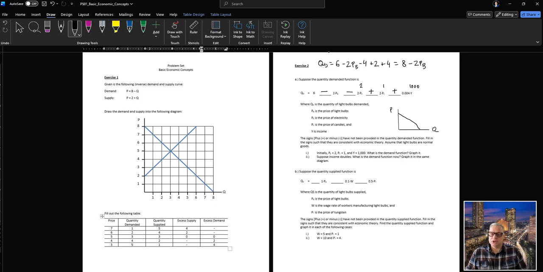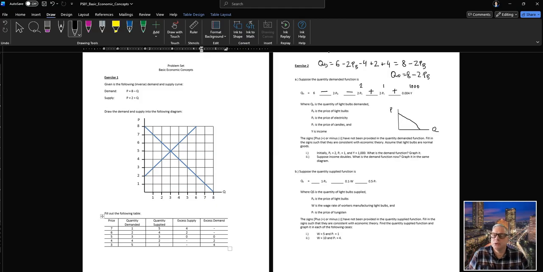Okay, but this is the demand function. If we want to draw it in a graph like this, we need to get the inverse demand function. So what's the inverse demand function? We just solve for PB. So we need to get from this equation 2 times PB.